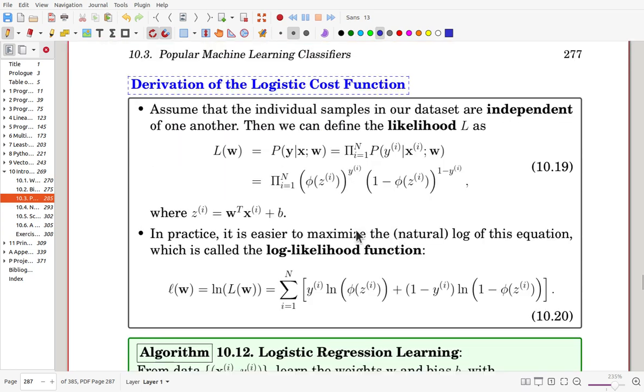Let's try to derive the logistic cost function. It starts with the likelihood, and it's defined in this way: phi, the activation value, and that is raised to a power. The label is used as the power, and we assume it is 0 or 1, organized in this way. For each point, this term is multiplied.